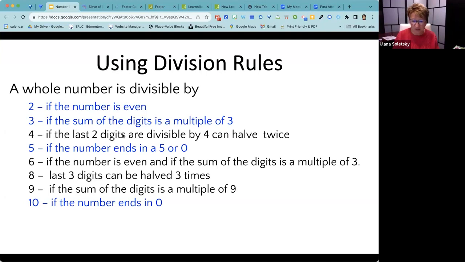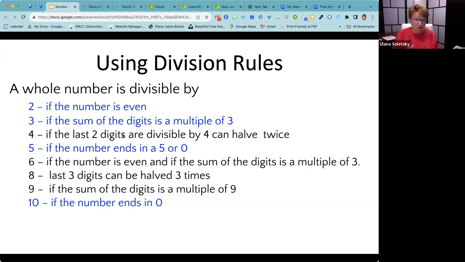And I'll show you what I mean by the sum of the digits in a minute. The divisibility test for 8 is that the last 3 digits can be halved 3 times, just the last 3 digits. And 9 is if the sum of the digits is a multiple of 9. And 10 is if the number ends in 0.